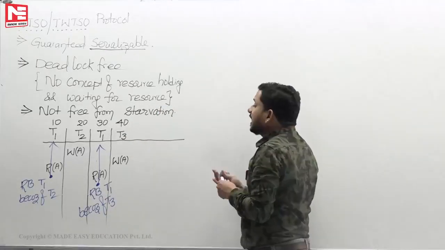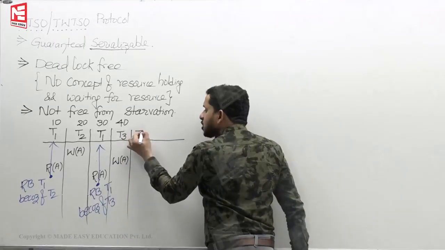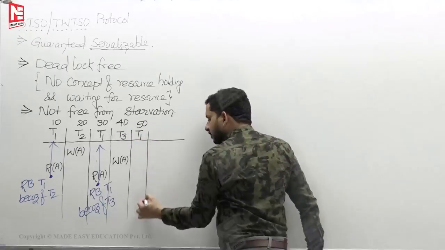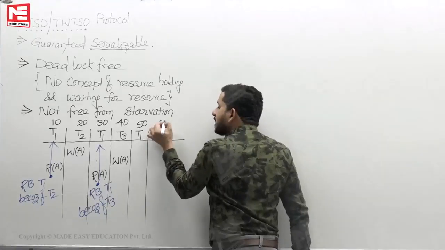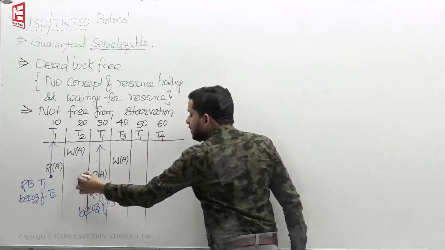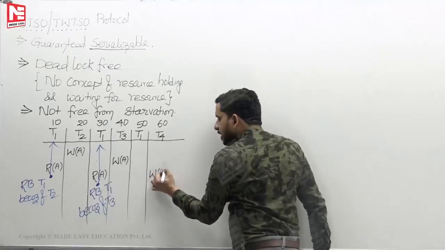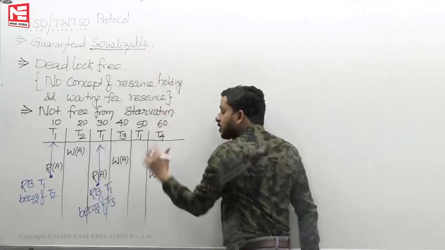The same scenario can repeat. Again assume T1 is started again with a new timestamp value. Then T4, a still younger transaction, enters the schedule, and when T4 starts, it requests a write. This is the youngest transaction, so the write request is allowed in any protocol.